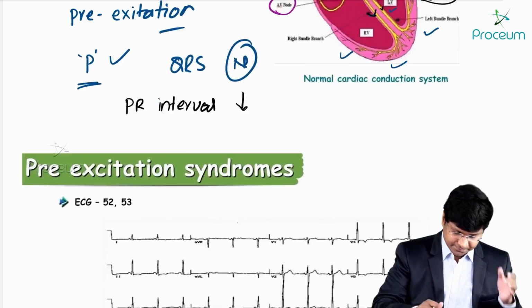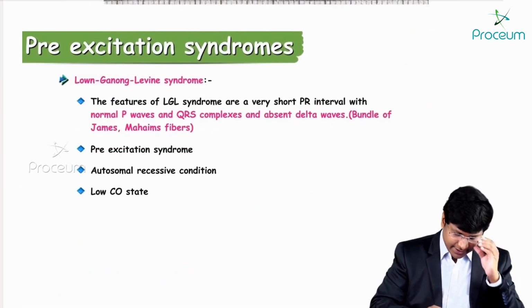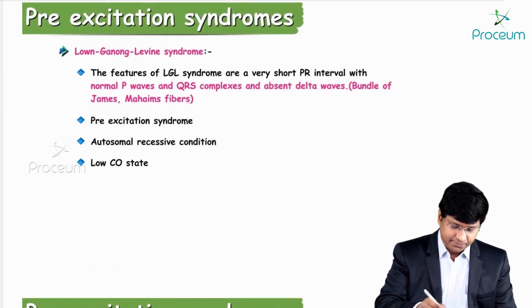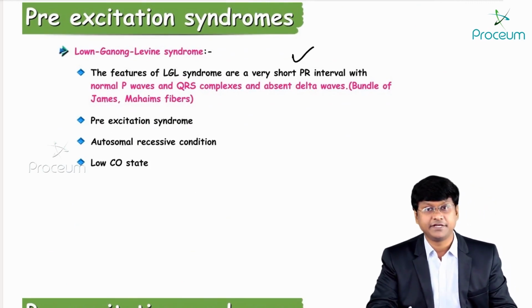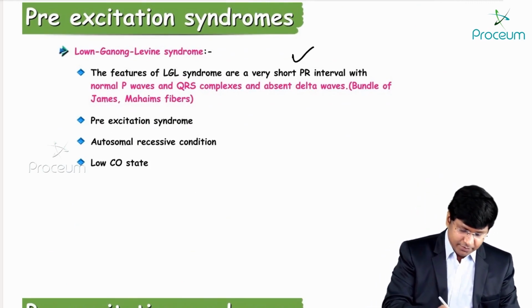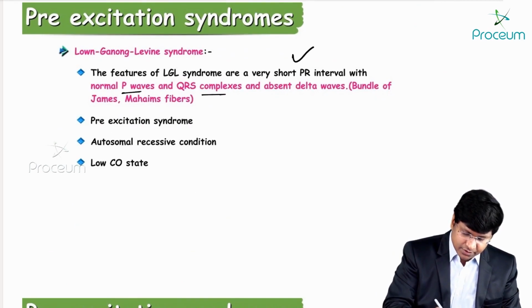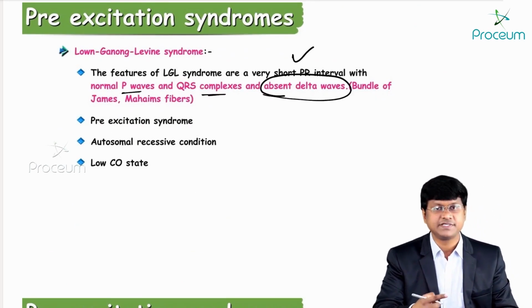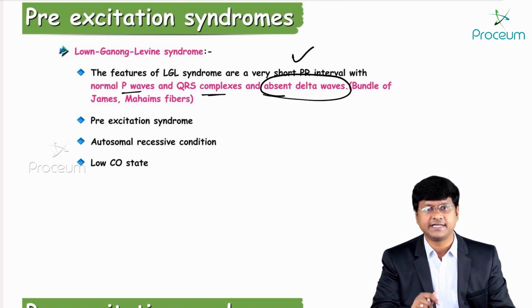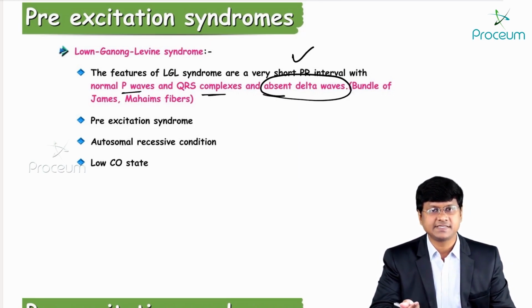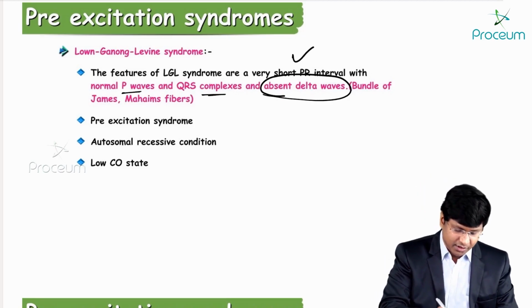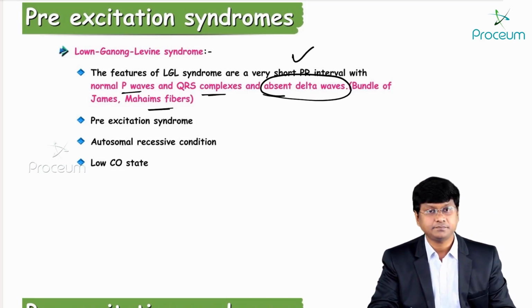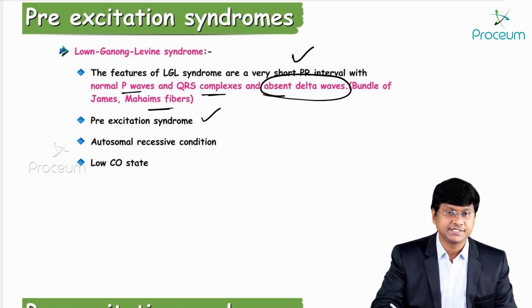So in case of Lown-Ganong-Levine syndrome, they will have a very short PR interval with normal P wave and normal QRS complex. And you will not have the delta wave, like whatever we see in the WPW syndrome. And the name of the accessory pathway is bundle of James or the Mahaim fiber. And this is a pre-excitation syndrome.